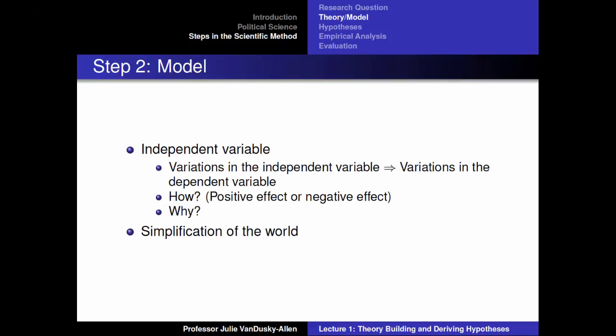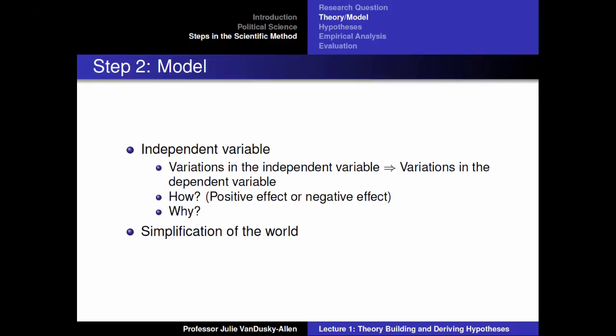Not only do we have to explain how our independent variable influences our dependent variable, we have to explain in detail why our independent variable influences the dependent variable that way. It could take several pages of text to explain how the independent variable influences the dependent variable. You have to be very specific about the process in which the independent variable influences the dependent variable.